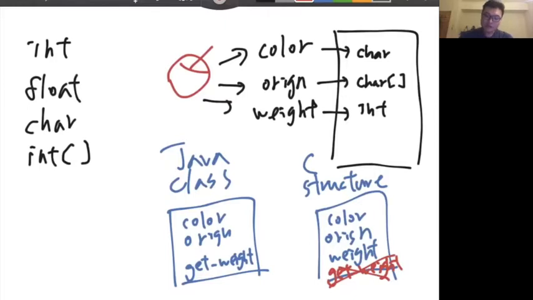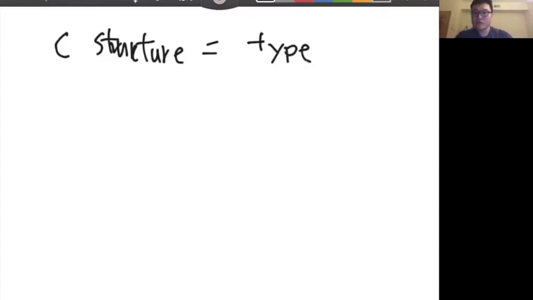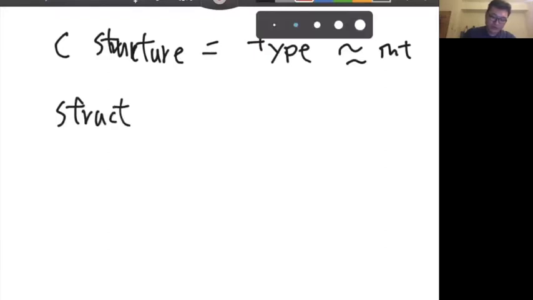Okay, so let me show you an example of how to define structures. Before I talk about it, I have to let you know that you can treat a C structure as a type. You can treat it as a special type, very similar to integer. So how do we define structures? You need to use a special keyword called struct.